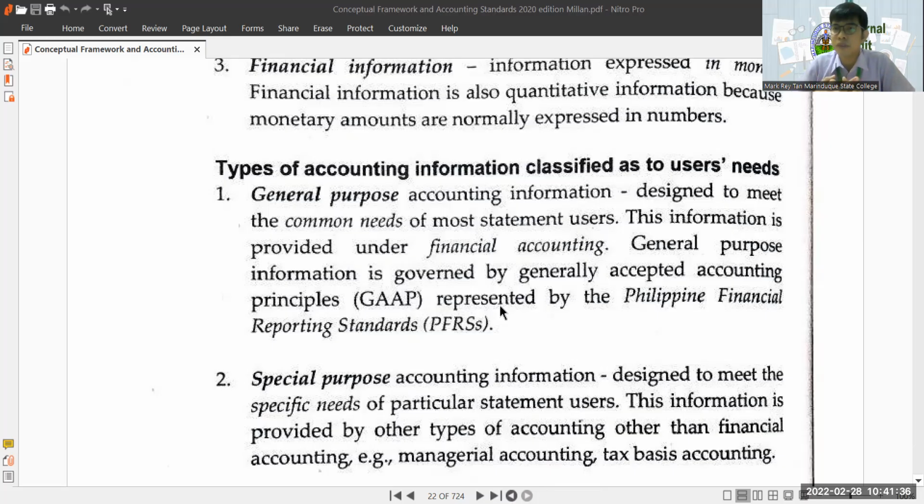Then we have the statement of other comprehensive income. So yung class, yung income statement or yung statement of profit or loss or other comprehensive income, isa lang yun actually. It just depends on the entity kung ano ang prefer niyang gamitin.